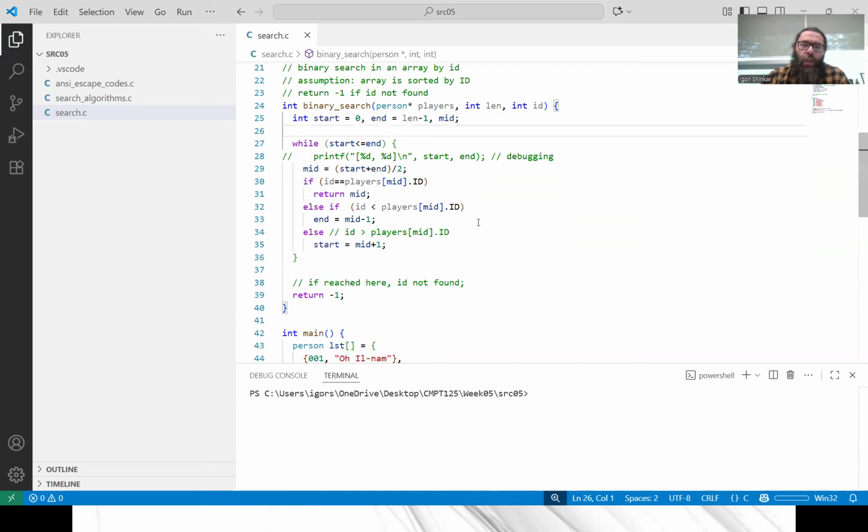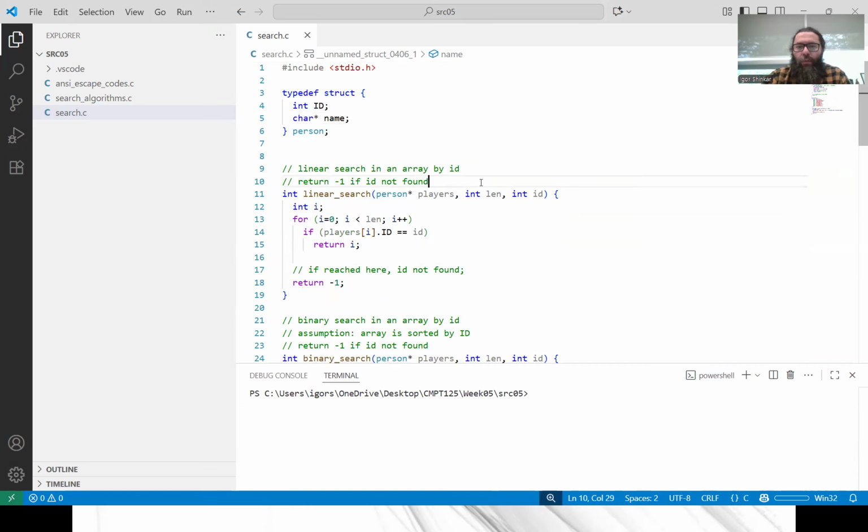Now for linear search, what do we do? We get an array of people, we get the length of the array, and we get the ID of the person we're looking for. And here's what we do. For i going from 0 up to length minus 1, if the array at position i has an ID equal to the ID we're looking for, return i.